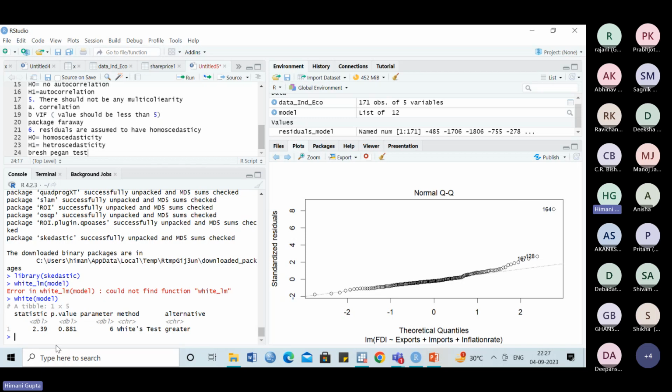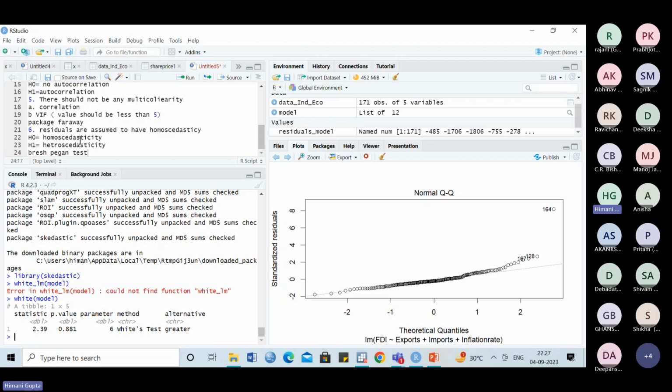Right now over here also we are getting the p-value, which is 0.881, which is more than the 5% level of significance. So this test is also saying that there is homoscedasticity. So both the tests are saying that there is homoscedasticity. There is one more test which is known as the constant error variance test. You can use that test also.